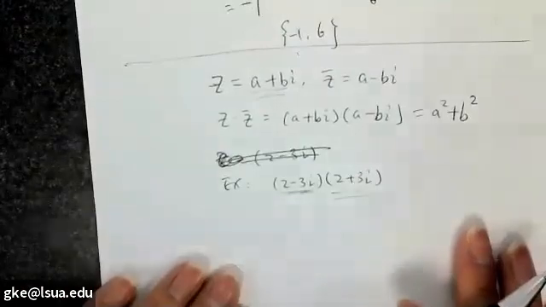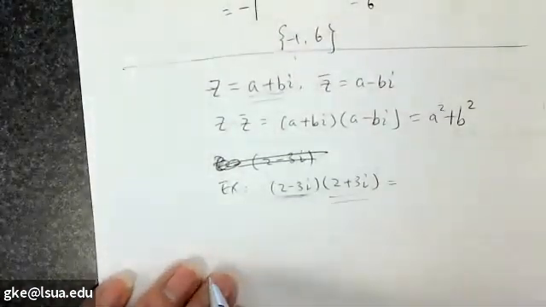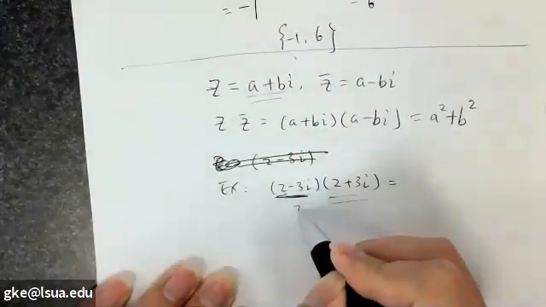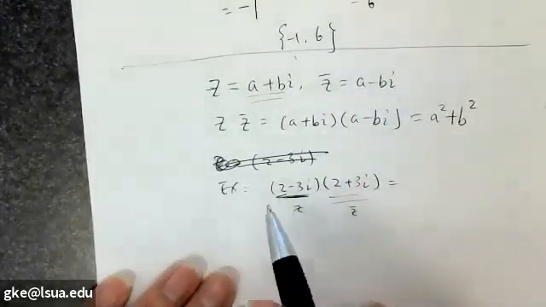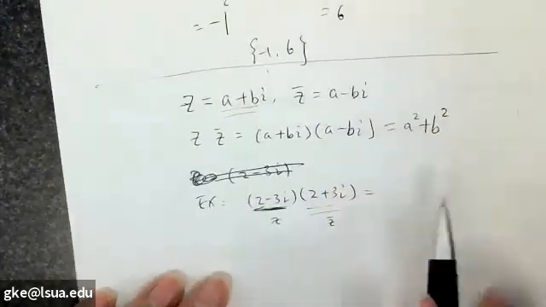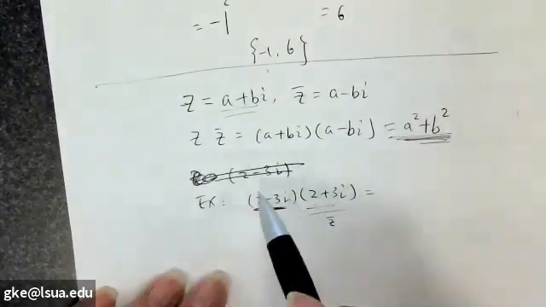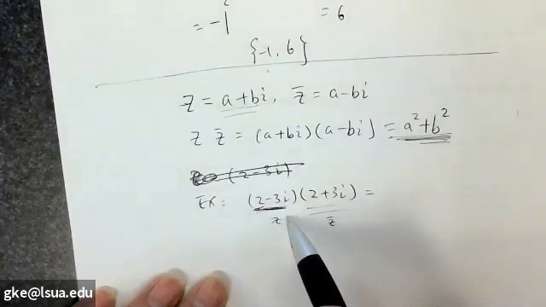Okay, so let's take a look at this guy. It's very straightforward because we know that is z, that is z bar, right? And so we can use what? We can use this formula, a squared plus b squared. What is a here? 2, right? What is b?